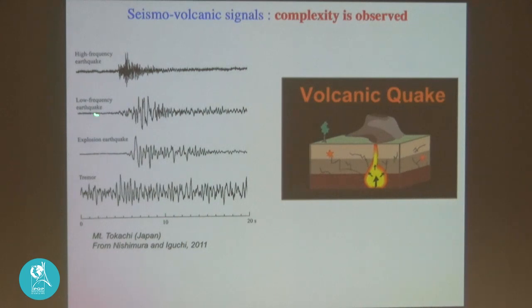There are high-frequency earthquakes, low-frequency earthquakes, explosions, and tremors, which are long-duration signals. And this is actually a simplified representation. If we try to put together different types of strange volcanic signals, this will be a separate presentation.